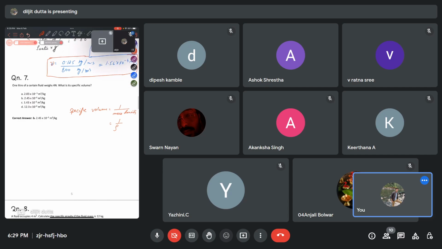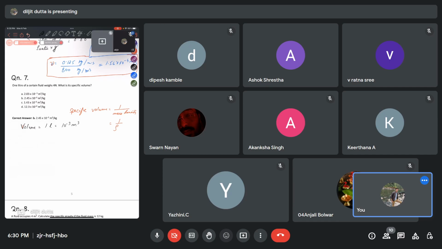What is given? The first thing that is given is volume. Volume is given as 1 liter, which is equal to 10 to the power minus 3. One important thing: while solving a numerical, it is always important to note the units, so that everything is in the same unit. If you don't change the units to the same SI unit, or centimeter unit, all your numericals will be wrong.